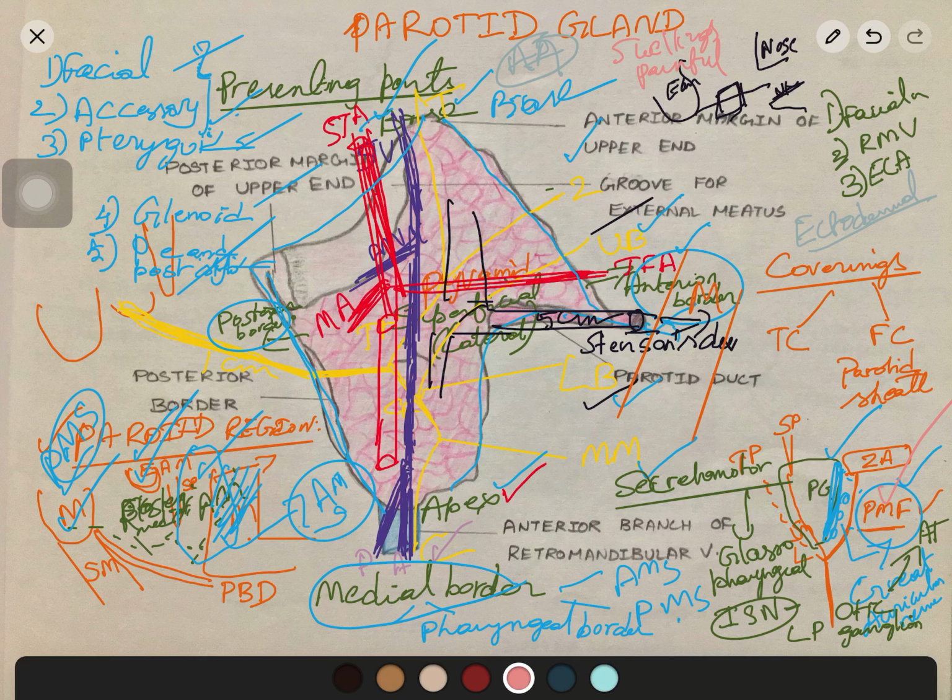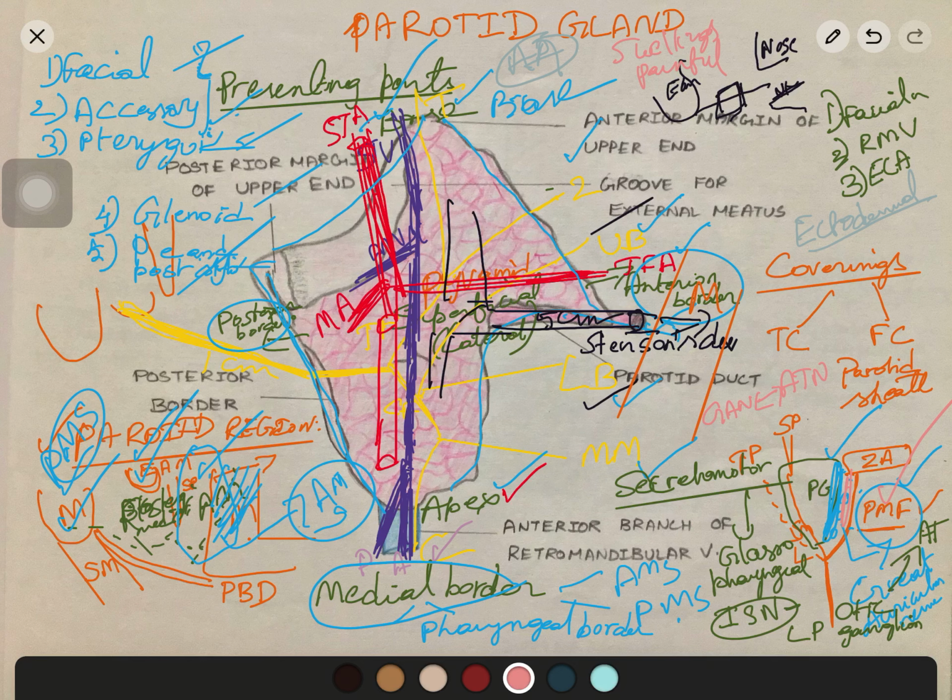Sometimes a penetrating wound of the parotid gland damages two nerves. What are the two nerves? The great auricular nerve, over the superficial surface, and the auriculotemporal nerve, which carries the secretomotor fibers. During healing, the communications between the great auricular nerve and the auriculotemporal nerve may grow together, or their fibers will join with each other.